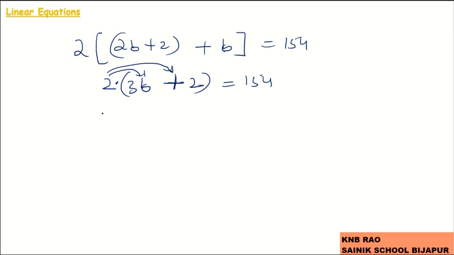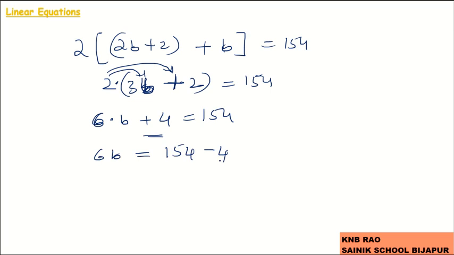So, 2 3s are 6, it is 6 times B plus 2 2s are 4 equals 154. Now, this plus 4, if it comes this side, it is a subtrahend. 154 minus 4 gives you 150. 6 times B is 150, and B equals, if here 6 is multiplying, on the right hand side it divides. So, B equals 25.